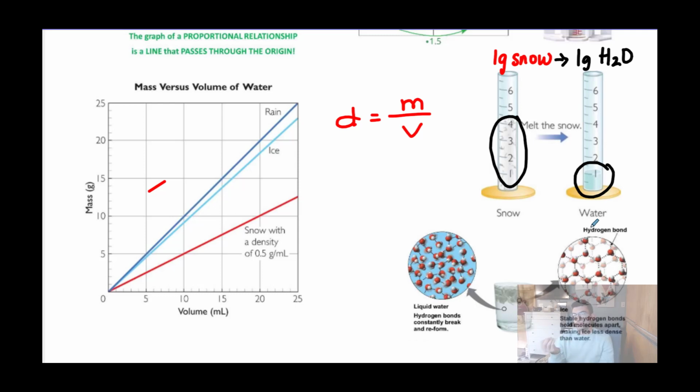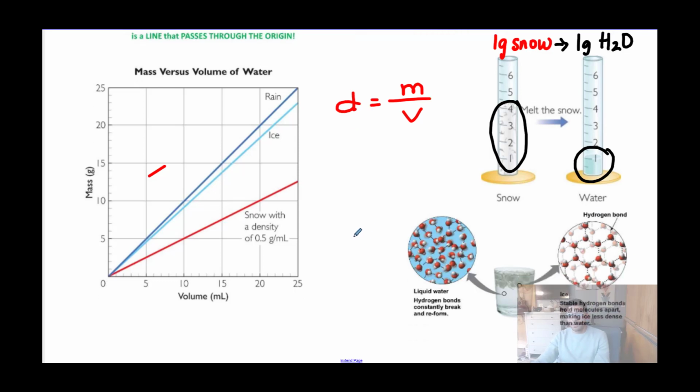When water turns into a liquid, the particles actually get a little bit closer together, and that's different than most other substances. But even though the particles are just moving further apart or closer together, the number of water molecules are staying the same, so the mass is going to be the same. Now, one thing we have to consider, if we have, let's say, 50 grams of ice, and we want to figure out how much water we're going to have, well, I'm going to have 50 grams of liquid H2O, but the volume is going to be different.